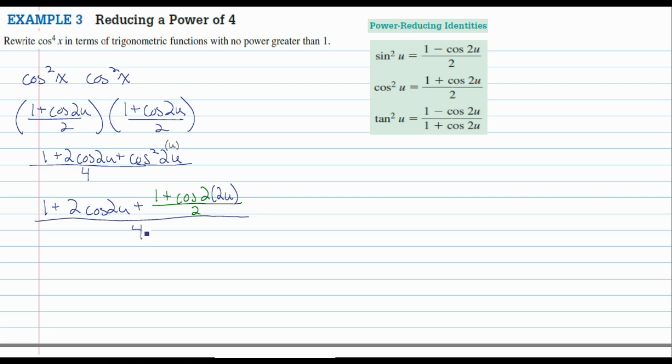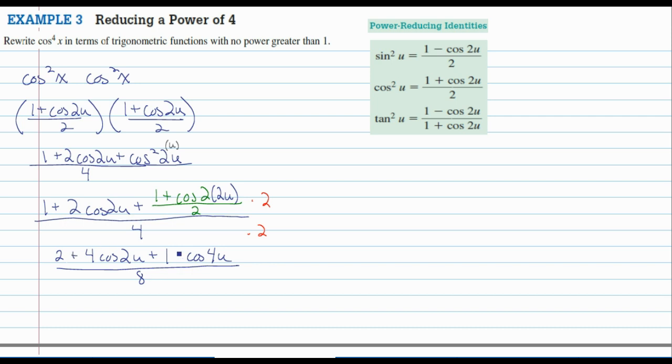Now, denominator is 4. I don't like having a denominator in my numerator, so I'm going to multiply both the numerator and denominator by 2. Now I've got 2 plus 4 cosine of 2u plus, and now this denominator goes away, which is nice, 1 plus cosine of 4u all over now 8.